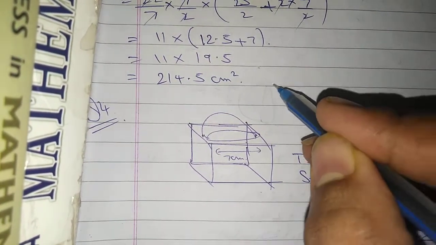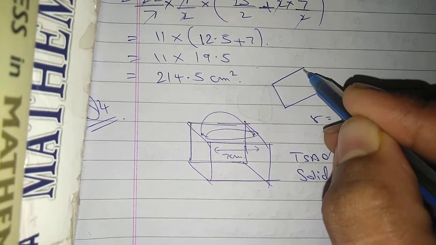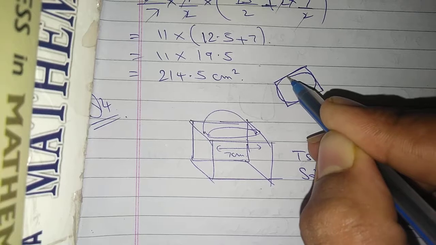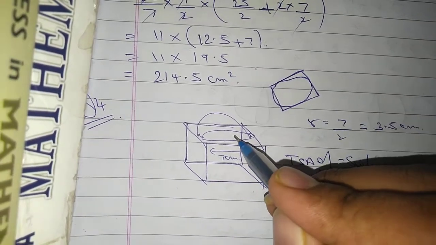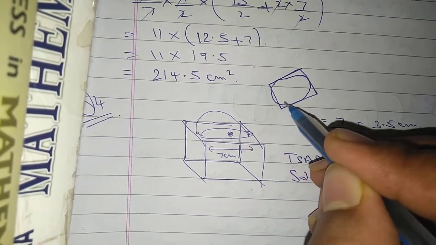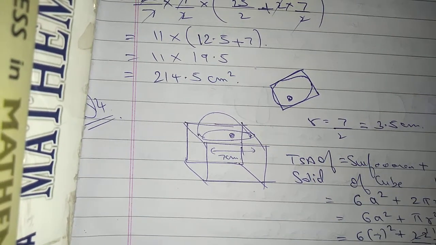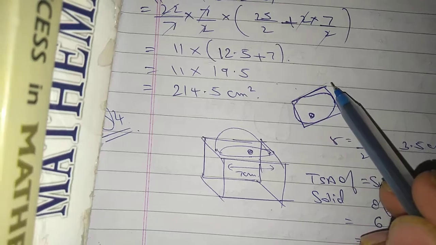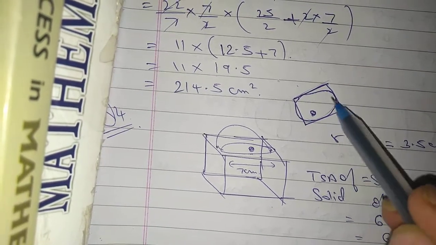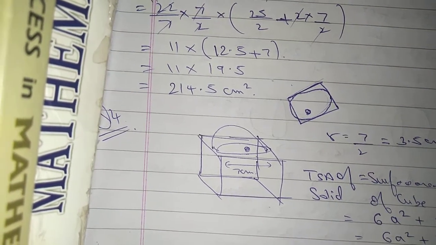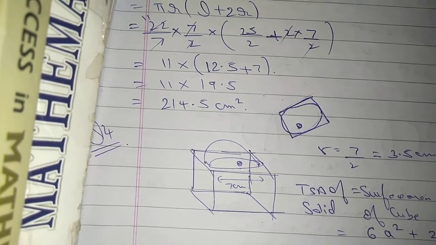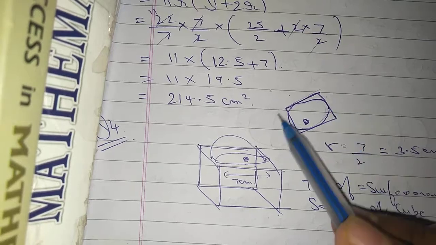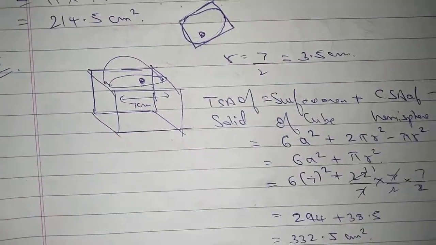If I draw the picture of the top, now look at the diagram carefully. If this is the hemisphere and this is one end, I subtracted this circle, because this is hollow, the circle is not there, so I subtracted the area of this one circle.